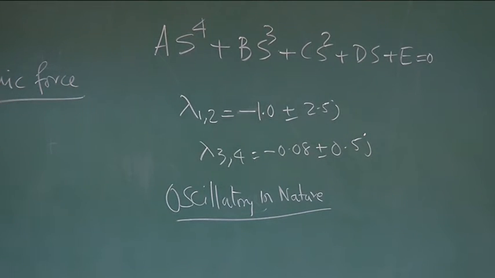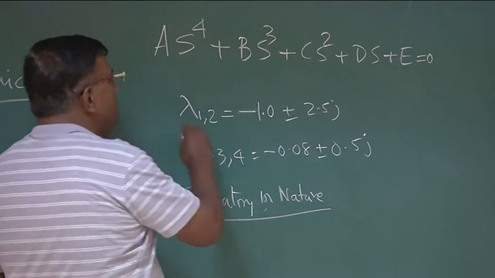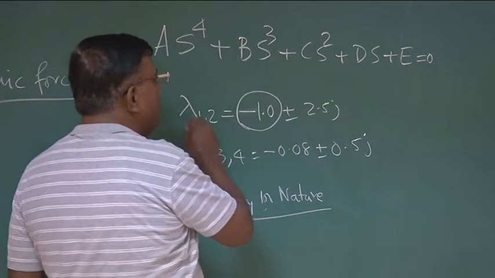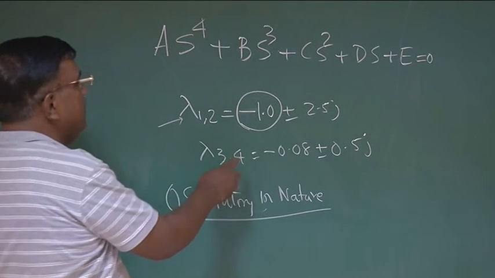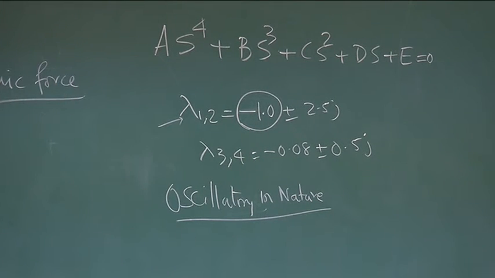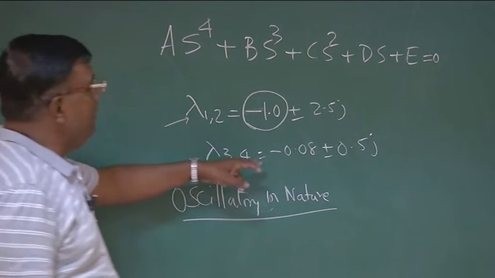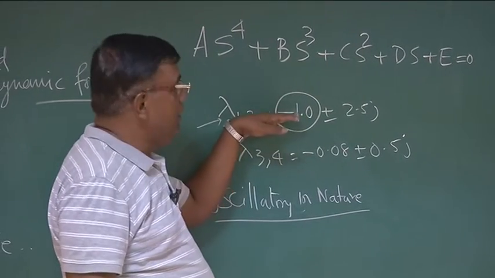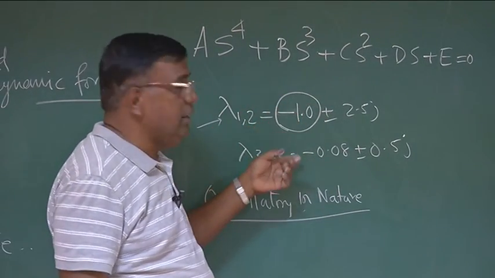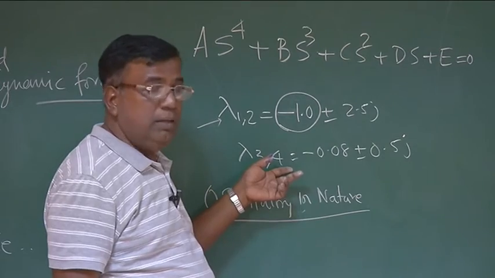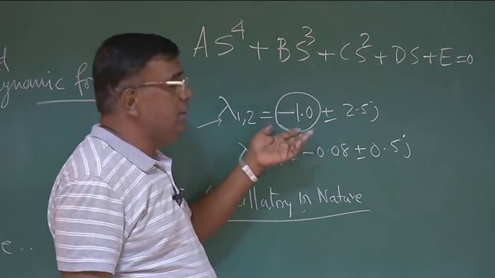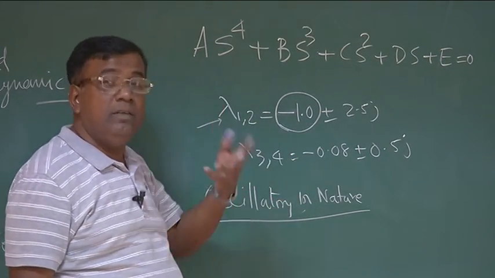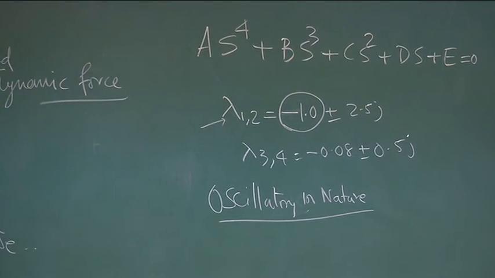Also, we realize one thing, that if I closely see these roots, the real part of one complex conjugate pair is large negative as compared to the other pair. You could see from here. So immediately I know, although both are oscillatory, this will decay faster than the other. Okay? Because the real part decides the decay, e to the power zeta omega n t type, you know.